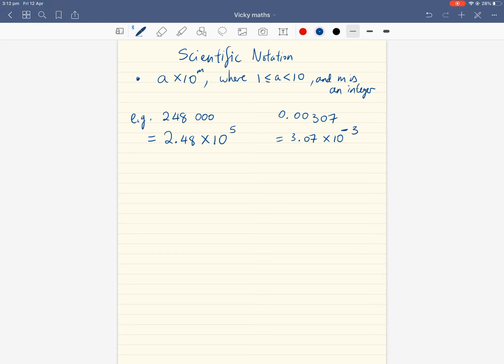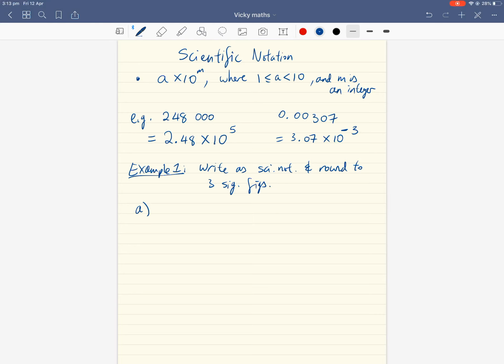So example 1, let's write the following in scientific notation, and we want to round to 3 significant figures.